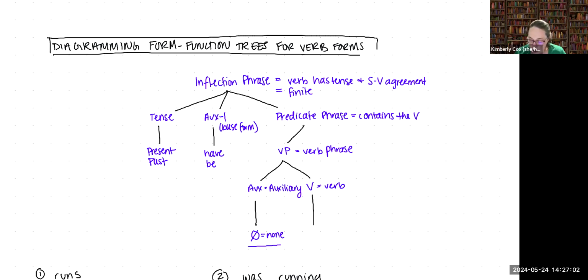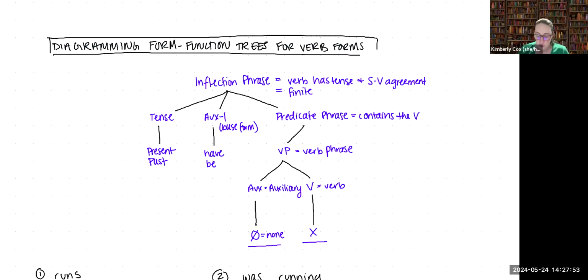And then here, I will just do an X because it can be any of the main verbs that we might have. So what this means is that whether it's have or be is going to tell us whether we're dealing with a perfect or a progressive function.